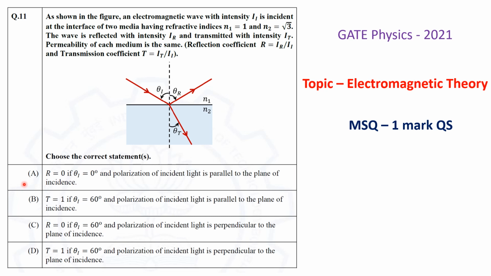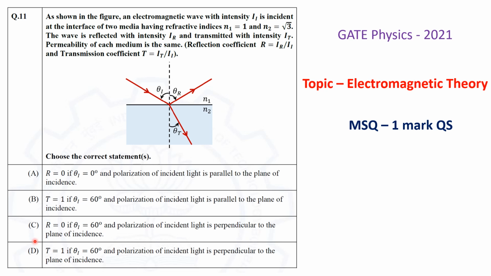Option A: R equals 0 if theta I equals 0 degree and polarization of incident light is parallel to the plane of incidence. Option B: T equals 1 if theta I equals 60 degree and polarization of the incident light is parallel to the plane of incidence.